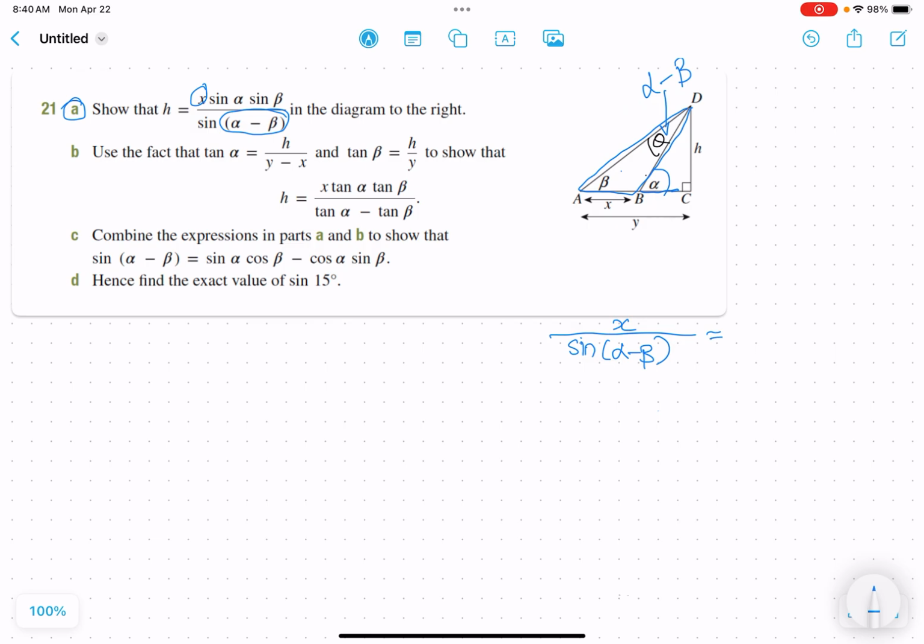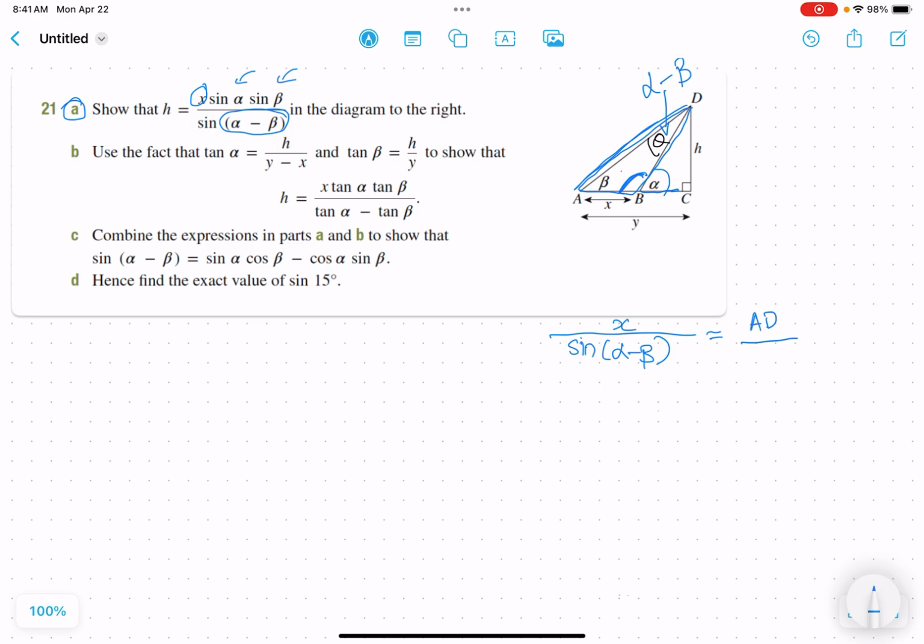Now, if I look at other things I've got, I want either a sine alpha or a sine beta. In this triangle I might go, oh, sine beta, but that's opposite BD. Actually, I could probably do it that way as well. But another thing you could do is look at this angle and use AD.